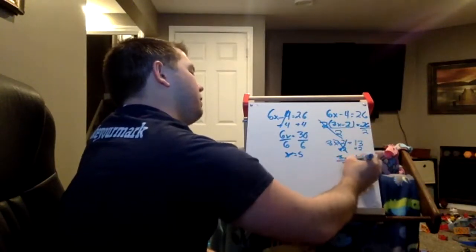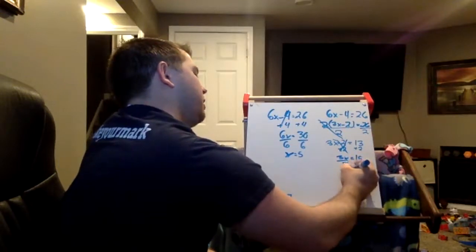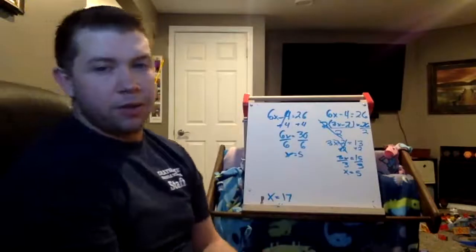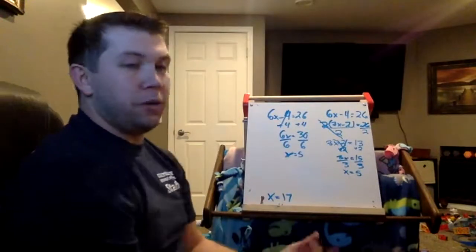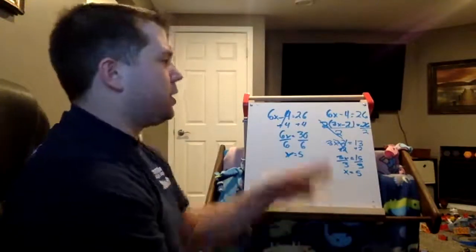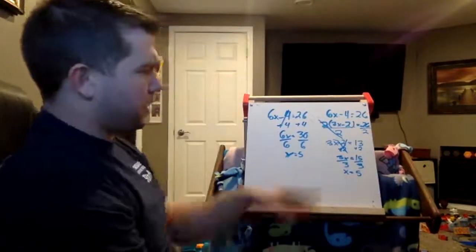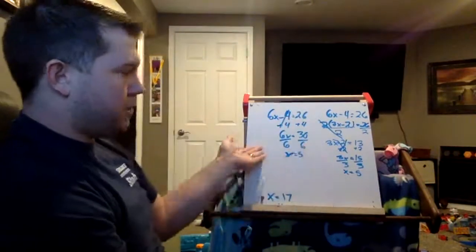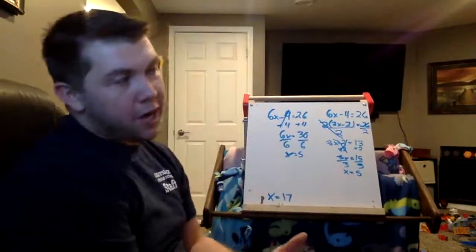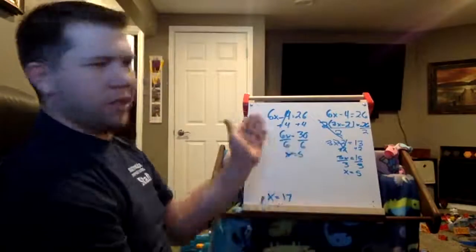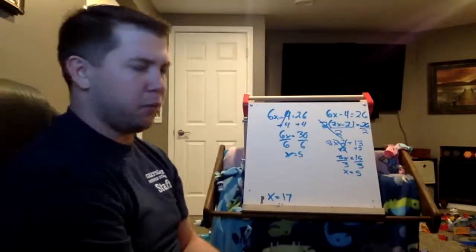Divide both sides by 3, and x equals 15 divided by 3, which is 5. So we got 5 again. These are things that you can do. In this case, I don't know that we should have, because of how many steps this was compared to that. Just because you can doesn't mean you should. In this situation, we could have just left it as is, and that would probably have been the simpler way to do it.